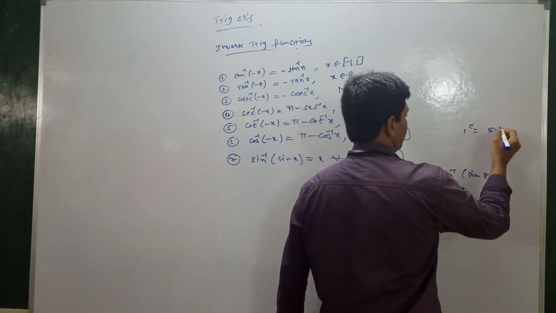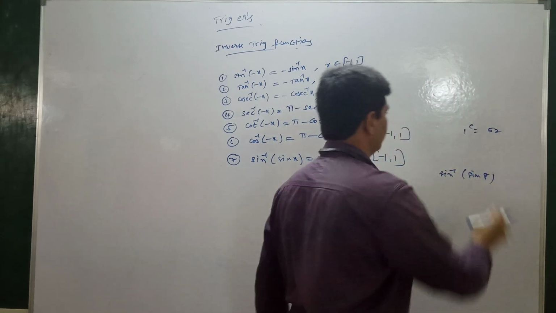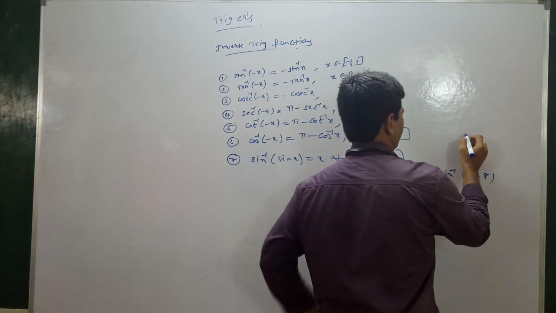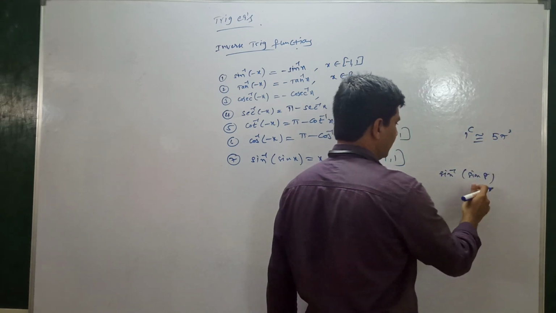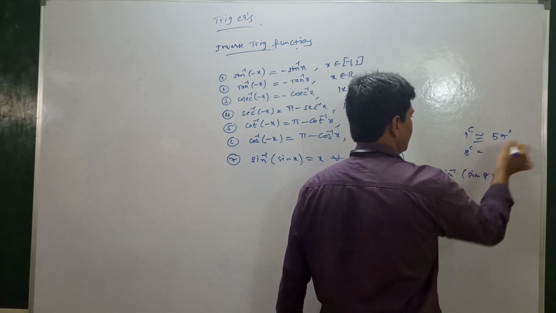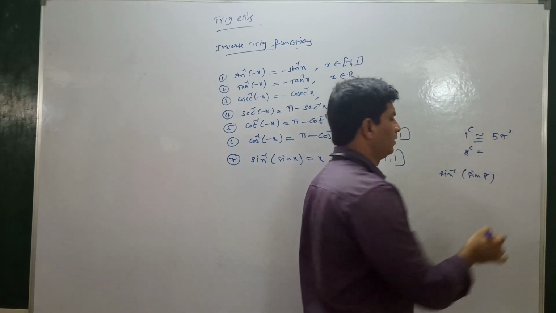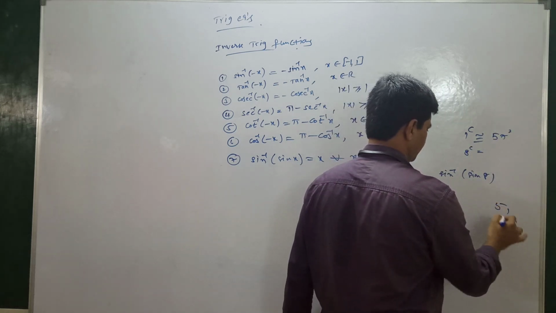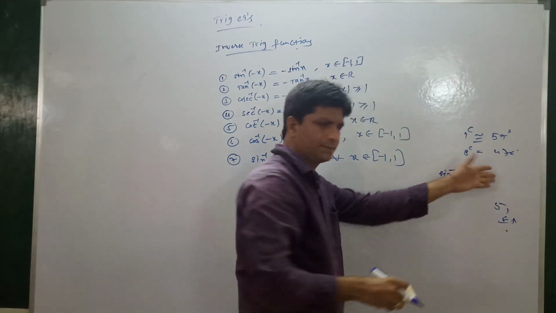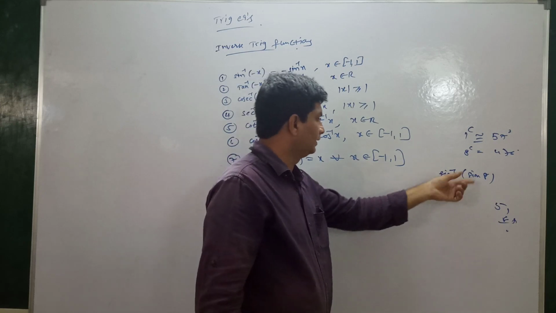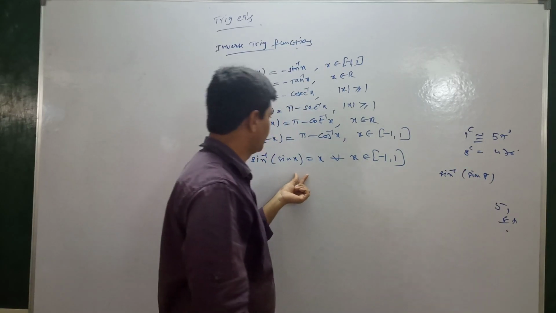Approximately 57 degrees. So what is 8 radians here? 8 into 57 is approximately 476 degrees. This is an approximate value, so this is not in the interval.